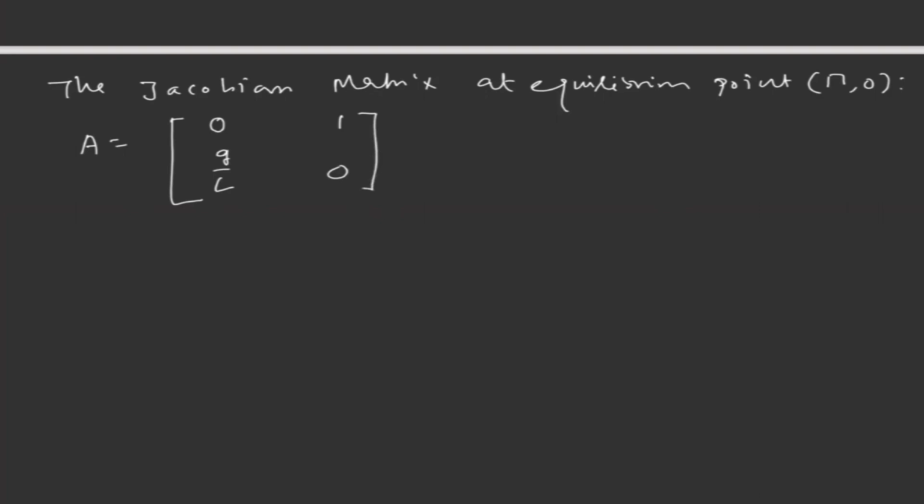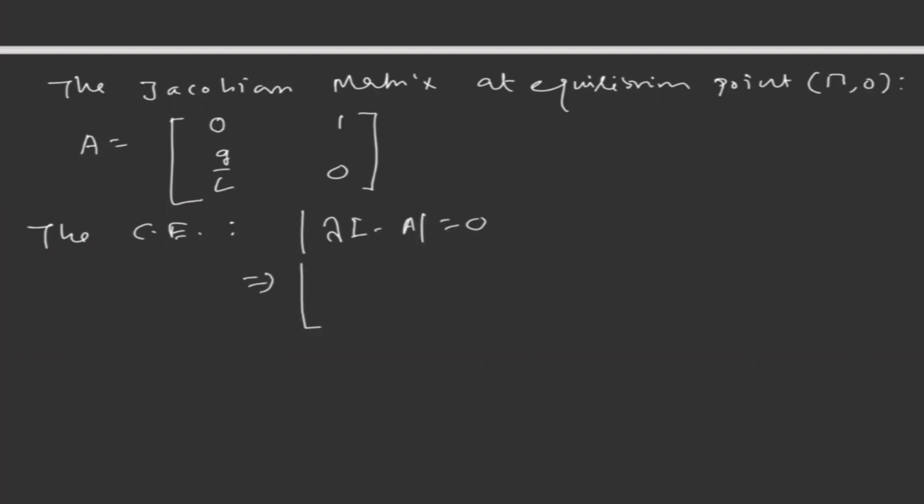And the corresponding characteristic equation of the above system, we can write as the determinant of lambda I minus A equal to 0.